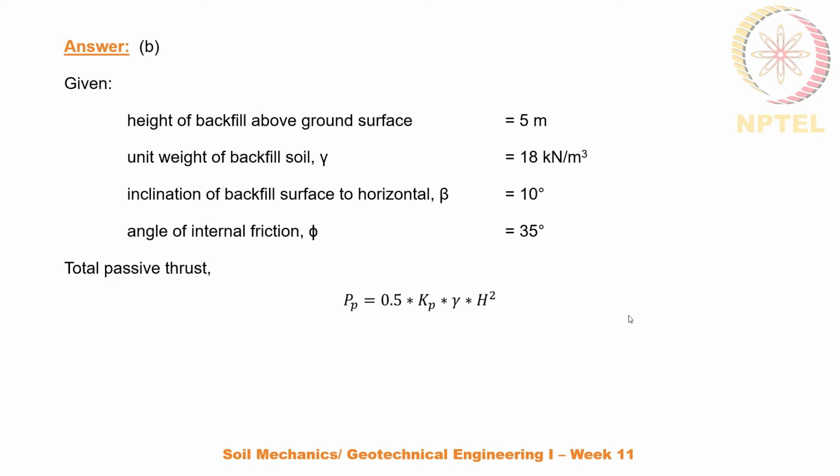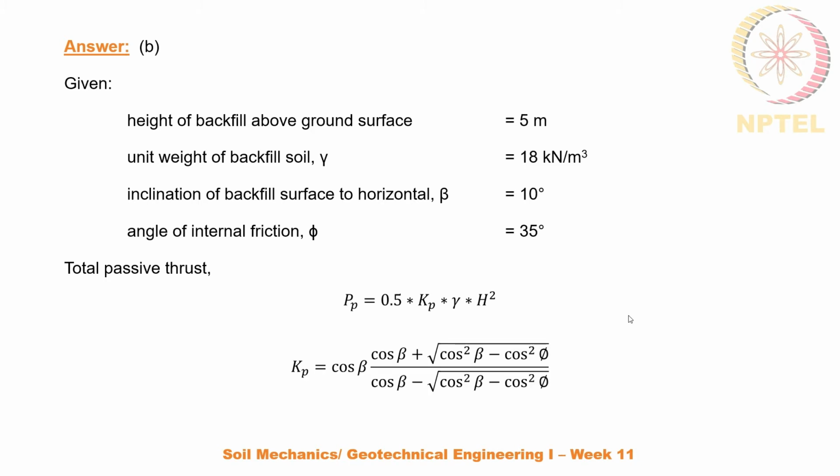So here the total passive thrust is half Kp gamma h square. We can directly use this equation because we don't have a surcharge here, we don't have cohesion also. So it is half Kp gamma h square.